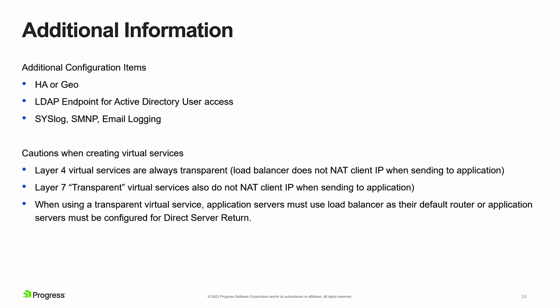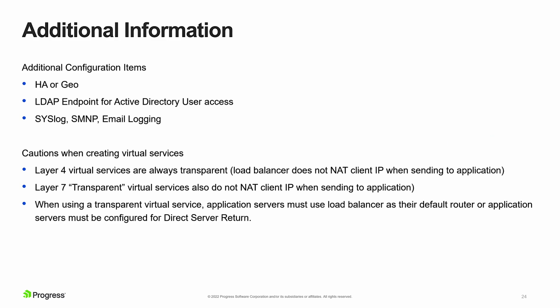There is a simple way to solve that problem, and that is that the application servers can use the load balancer as their default router. The load balancers, these LoadMaster appliances, are intelligent enough to know that if they sent a request and they get a response back from the application server, even through routing-based methodologies, they go ahead and forward that response back to the user through an established connection.